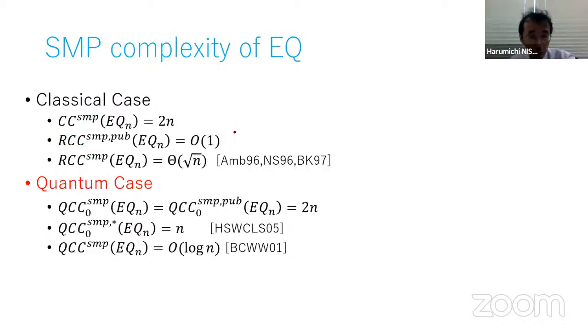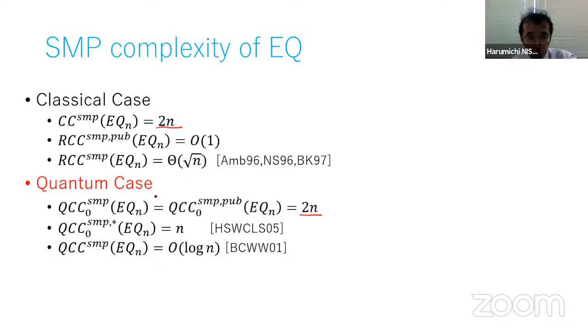Now, I explain the results in the quantum case. In the exact case, which means no error, the quantum case is exactly the same as the classical case. So no advantage.